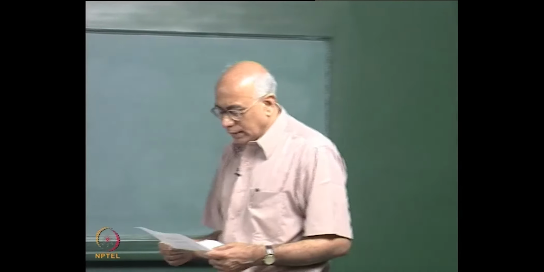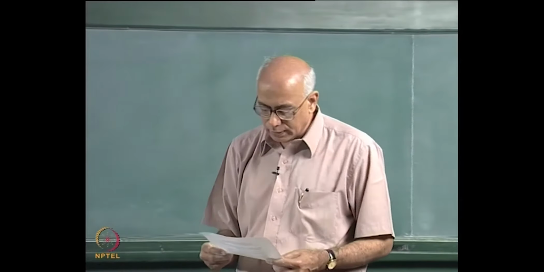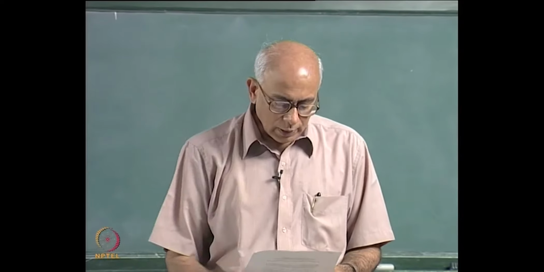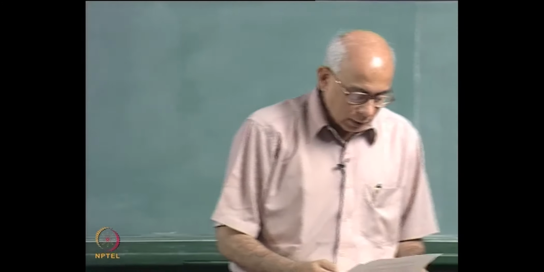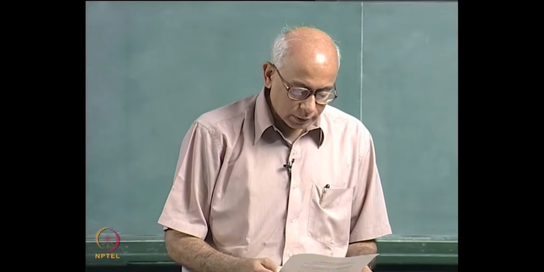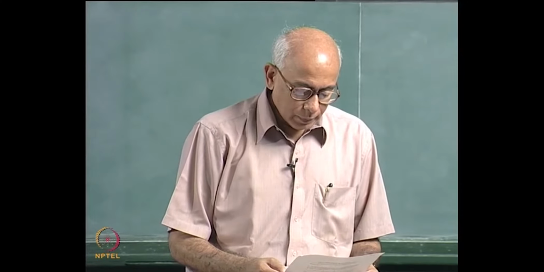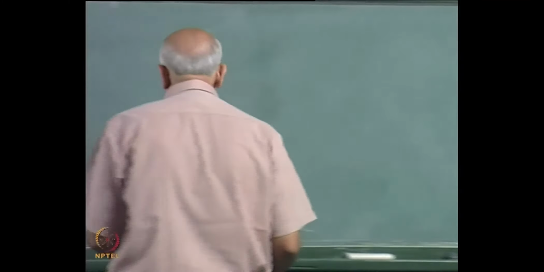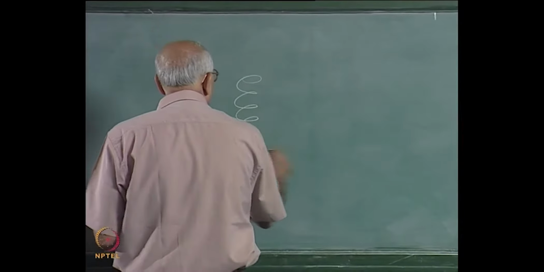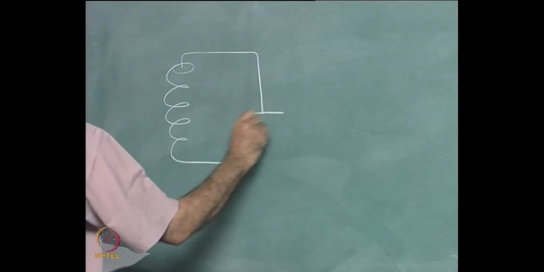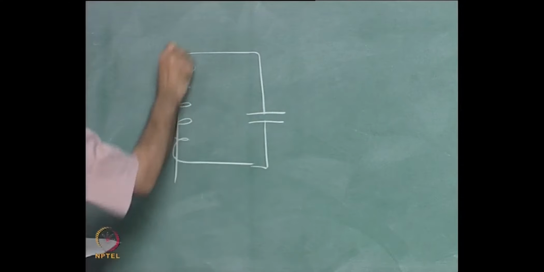This has to do with an LC circuit with a nonlinear inductor, and we need to write down the equation of motion for the charge, and we have to show that a certain quantity is a constant of the motion. So you have a lossless LC circuit of this kind with a core through this circuit here.